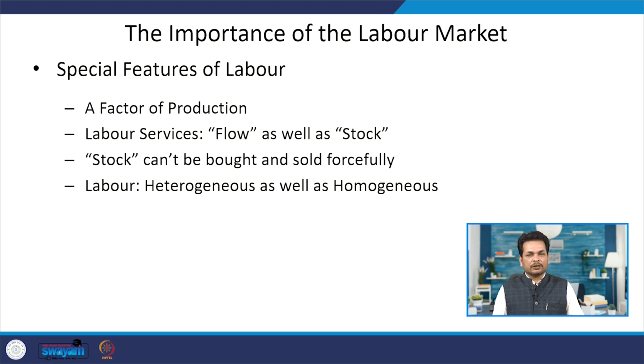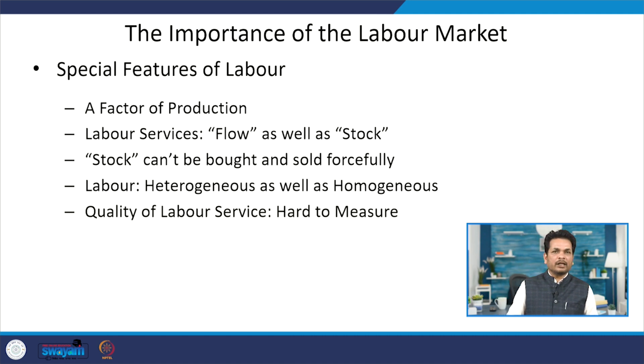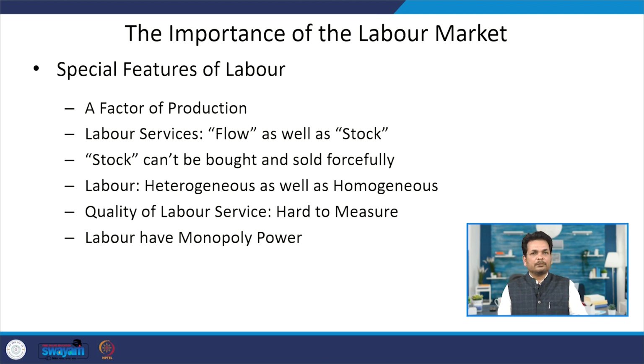They are different in terms of efficiency, productivity. Further, the quality of labor service is very hard to measure. It is a very subjective phenomenon. The efficiency and productivity are very difficult to measure. Labor has monopoly power. Some occupations, we have seen some of the doctors and lawyers, charge so high.